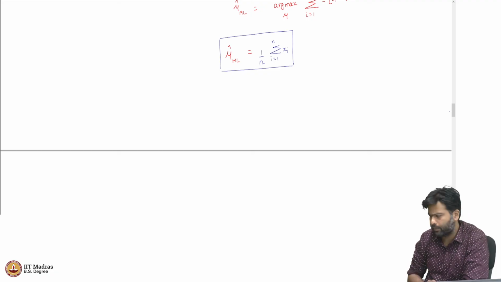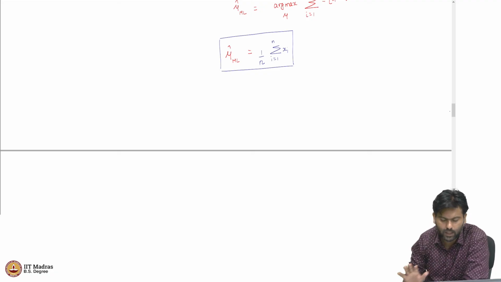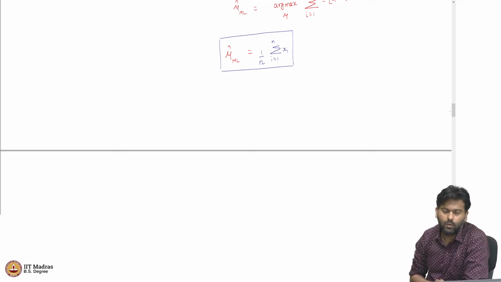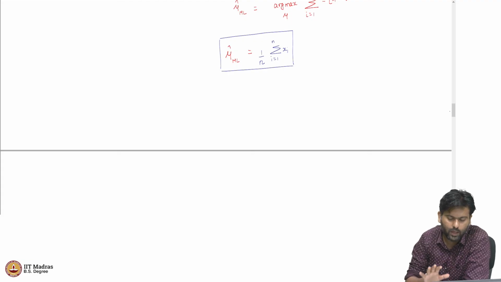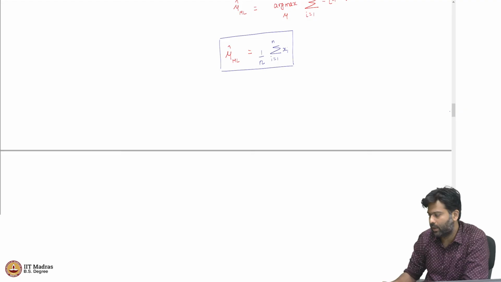In certain well defined ways, you can argue that it is the best that you can ever get, and so on. But because this is not really a statistics course, we are not going to dwell deeper into the specific properties of the maximum likelihood estimator itself. We will agree that it's a good estimator.